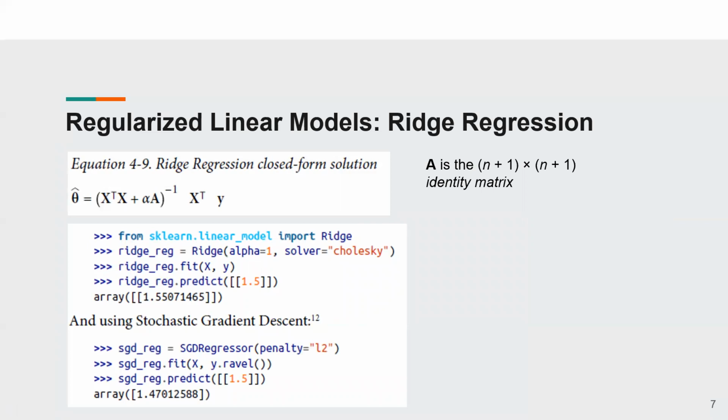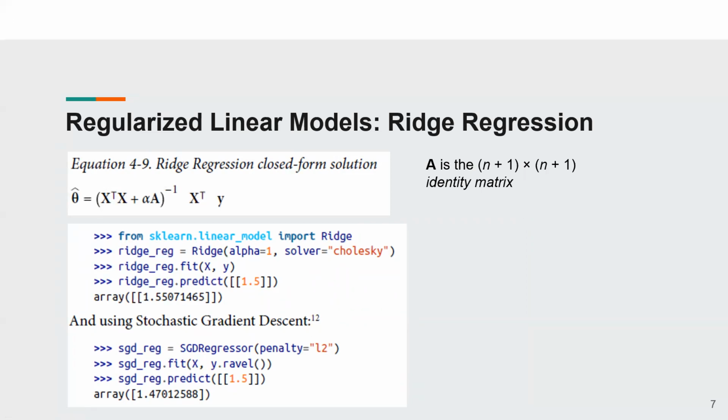If you recall, in linear regression, we could have a closed-form solution for the theta estimate, which has the function form, without this alpha times A, of x transpose times x, inverse, times x transpose times y. That would be the theta estimate for linear regression.